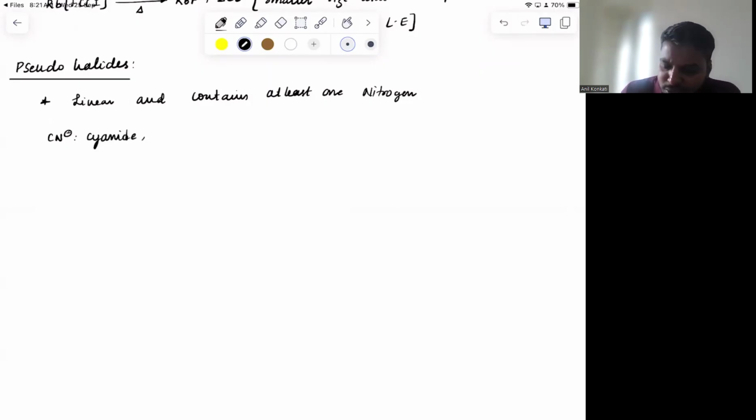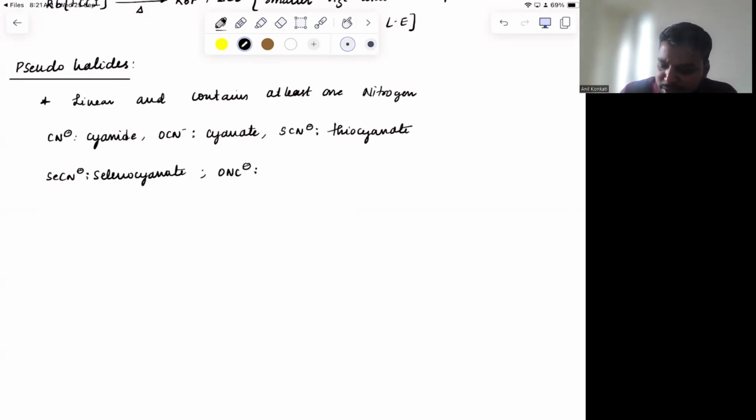Got it? OCN minus, that is cyanate. Clear? Then we have SCN minus, that is thiocyanate. Clear? SeCN minus, that is selenocyanate. Clear? ONC minus, known as fulminate.